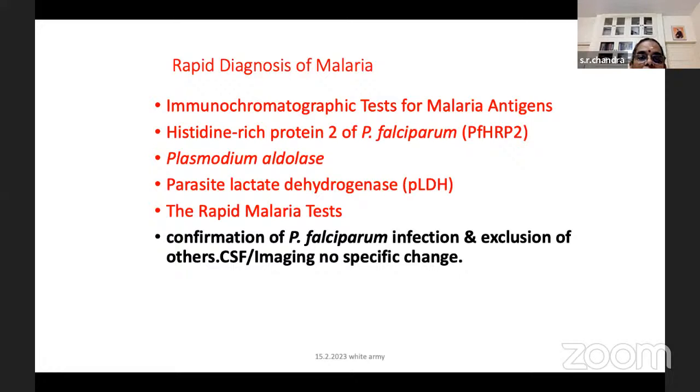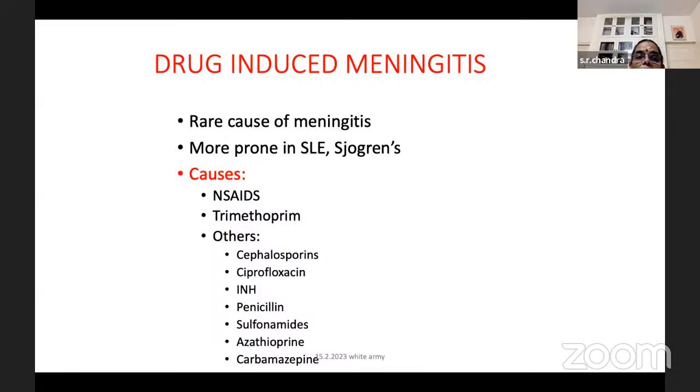Then we have to do all the tests if the person is coming from the endemic area, and raised ICP, short duration with seizures and stormy presentation, look for malarial parasite and do the rapid malaria test, with which all physicians will be more familiar. And so that will give the diagnosis and start the appropriate treatment.